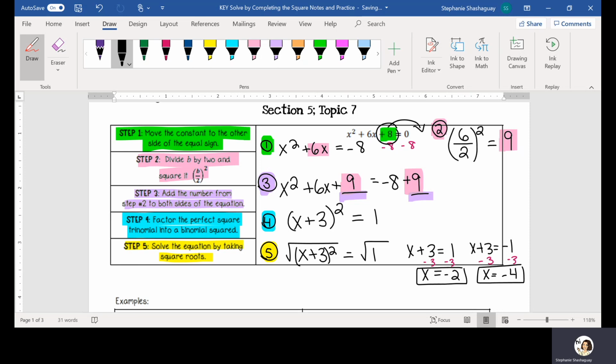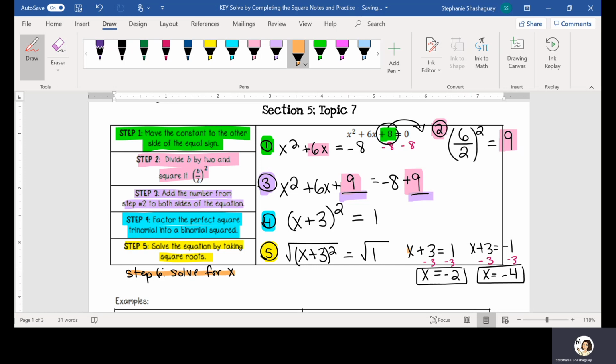So those are my two solutions, because just like yesterday, we have to add in that step 6, which is just solve for x. Okay, we can't forget to solve for x as our last step.